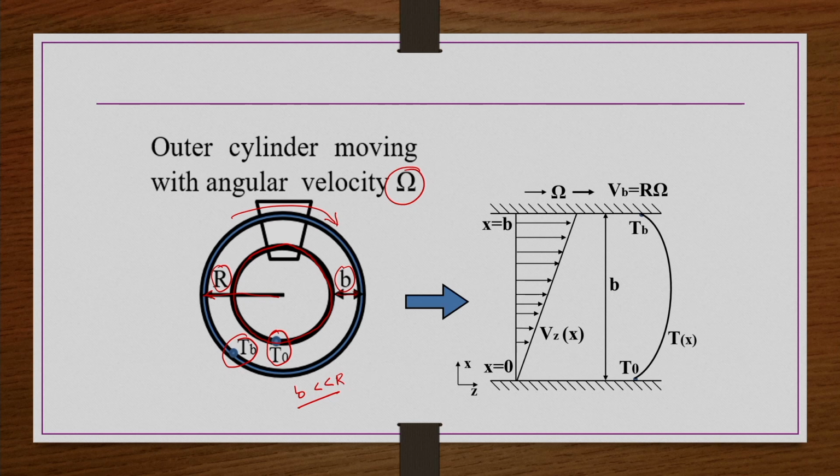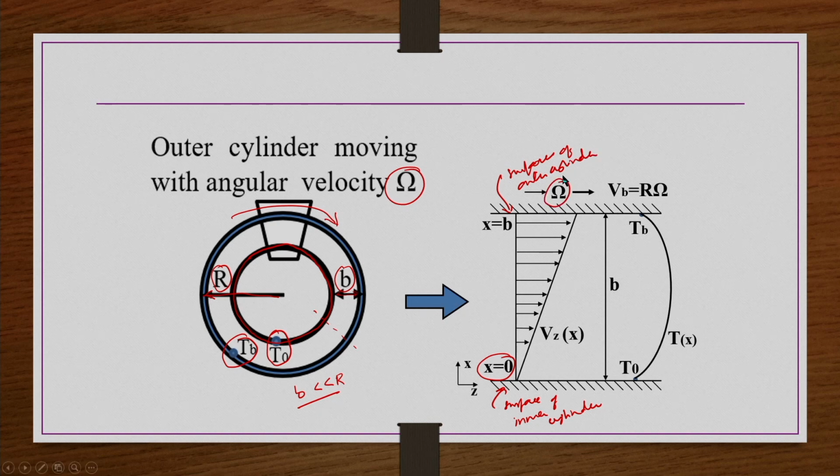How can we do that? You just cut this cylinder at any location and then stretch it. Then you get a geometry like this, where the surface of the inner cylinder is designated at x equals 0, and the top layer is the surface of the outer cylinder, which is moving at velocity omega.